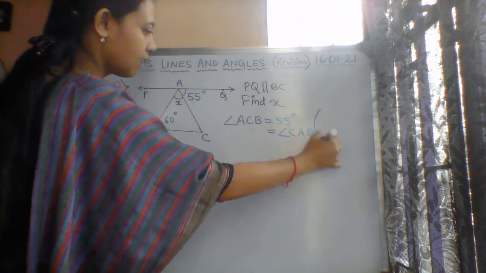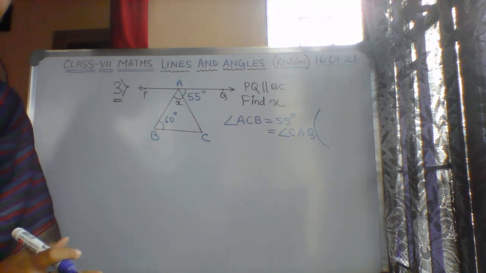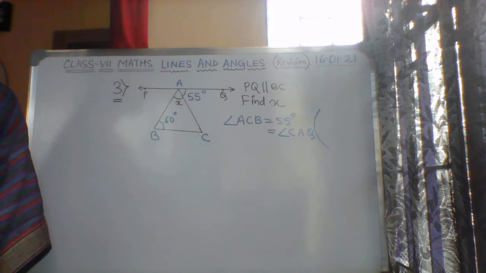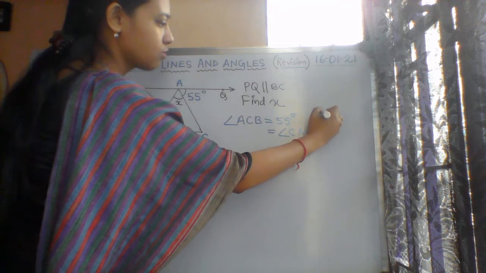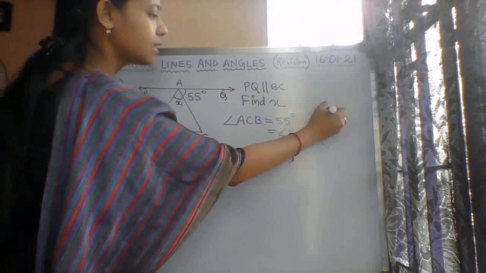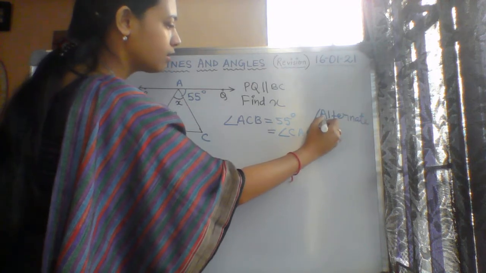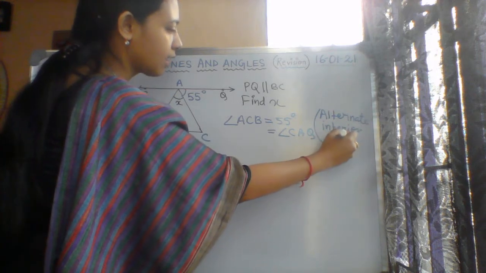In brackets, every time you are solving, you must write the reason. In this lines and angles chapter, triangles chapter, or when you are doing congruency, reasons should be there when you write something. So why am I writing 55 degree for angle ACB? Because they are alternate interior angles.